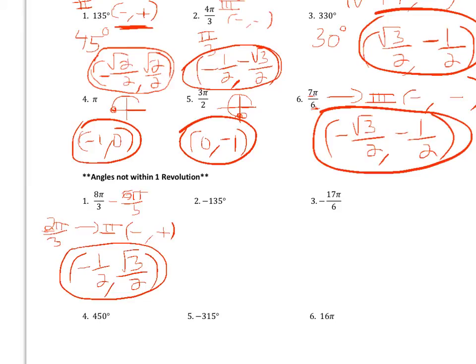All right, number 2, we have a negative angle measure. I want to make that positive, so I'm going to add 360 to it since it's in degrees. If I add 360 to this, I get 225 degrees. That's very easy to tell, that's in the third quadrant, so both x and y are going to be negative.